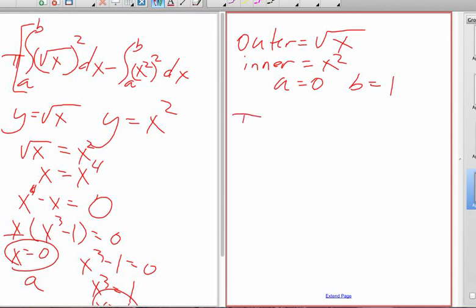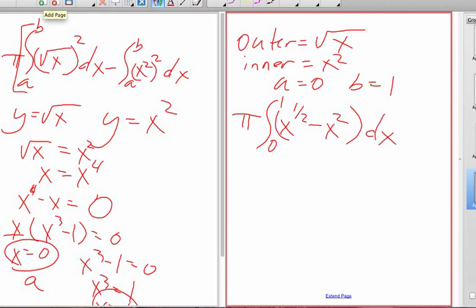So it's going to be pi times the integral from 0 to 1 of x to the 1/2 minus x squared dx. And now we just got a simple little power rule problem.